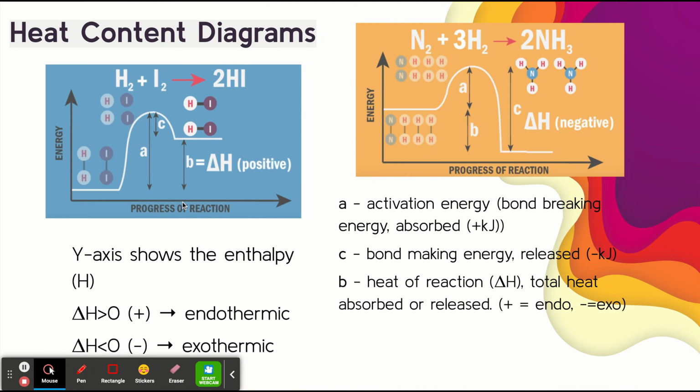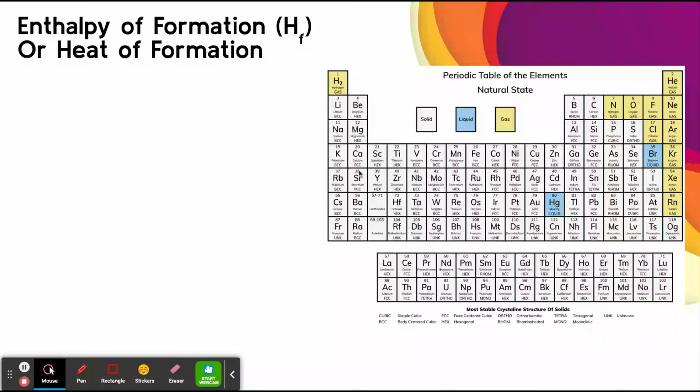If it's a positive number, we've got an endothermic reaction, and your products are going to end at a higher spot than your reactants. And if you are an exothermic reaction, your products are going to be lower than your reactants started. Okay, and so we're going to start drawing some of these heat diagrams today as we think about heat of formation. Okay, so what is heat of formation?